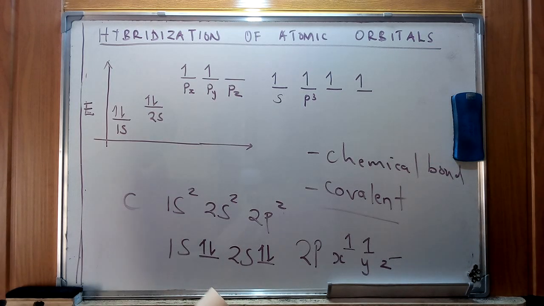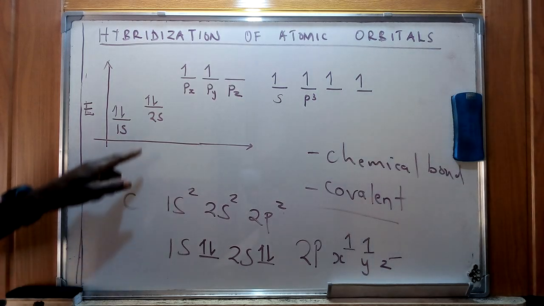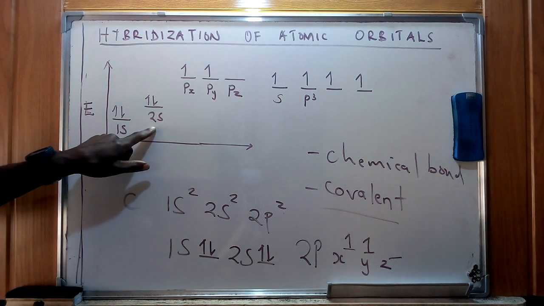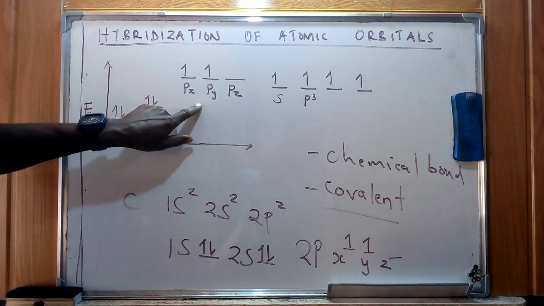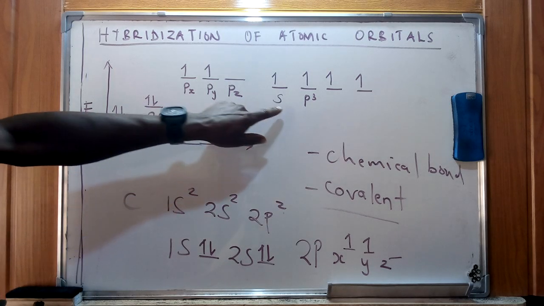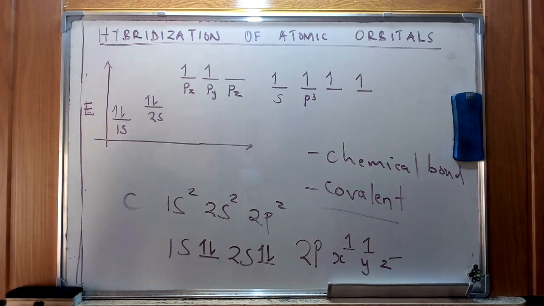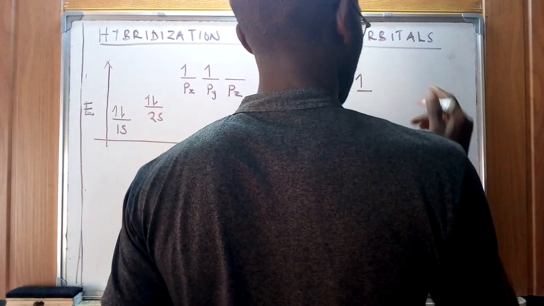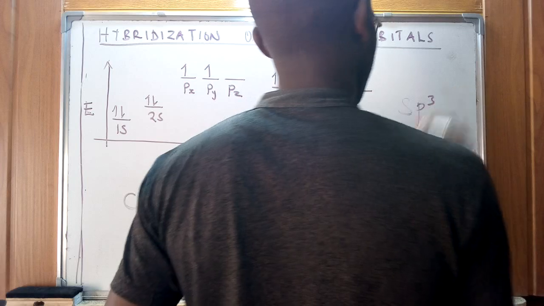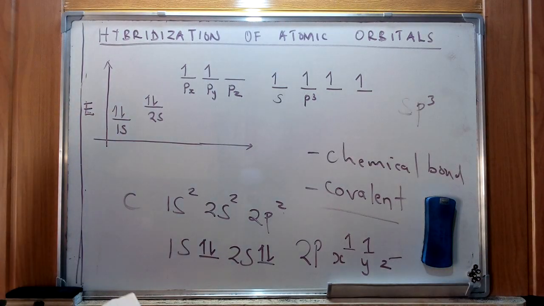The single orbital in the 2s subshell is going to overlap with the 3 orbitals from the p subshell to form 4 new hybrid orbitals, which are referred to as sp³ hybrid orbitals.